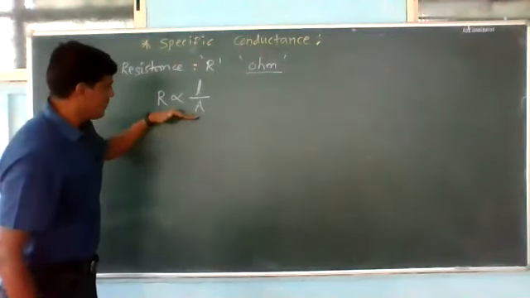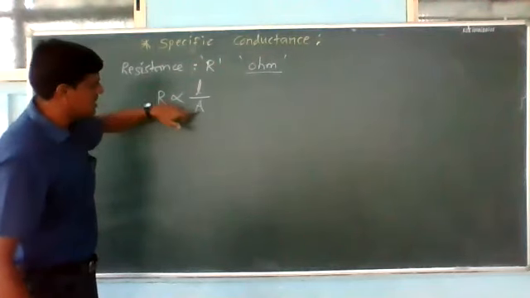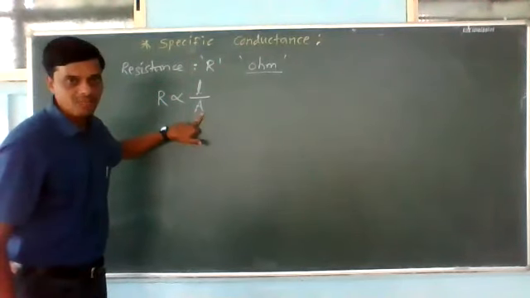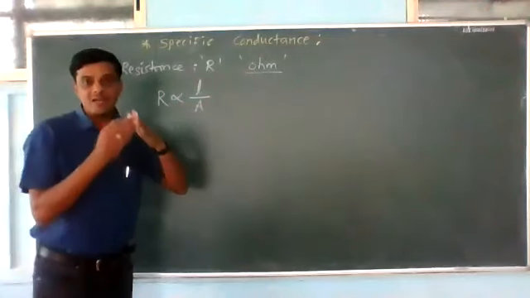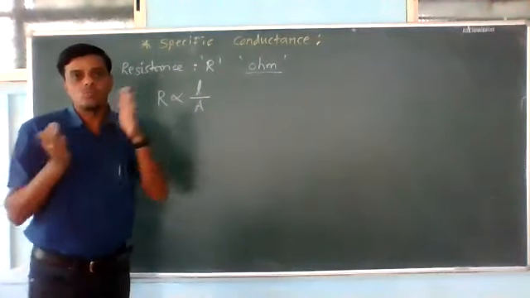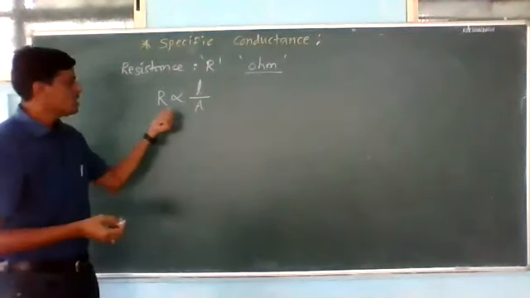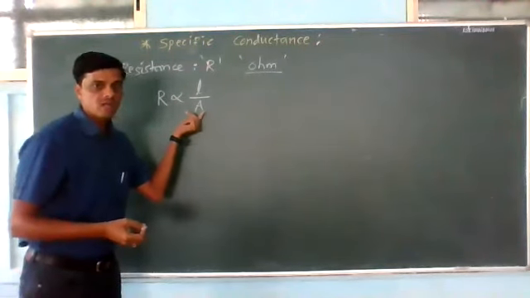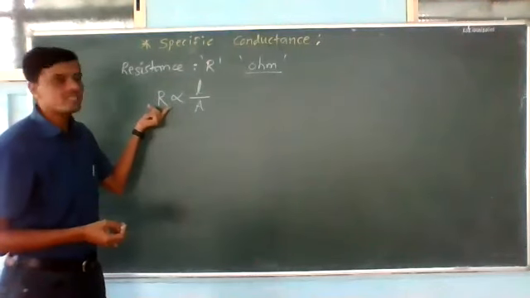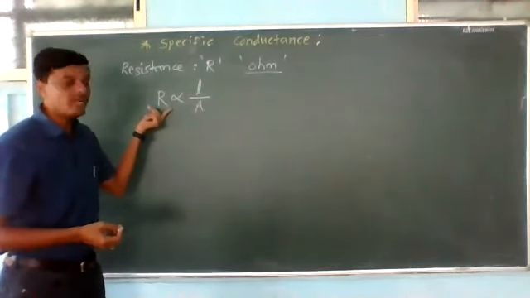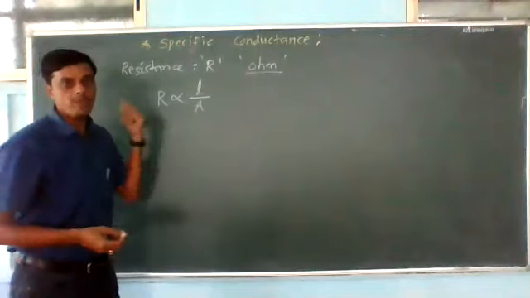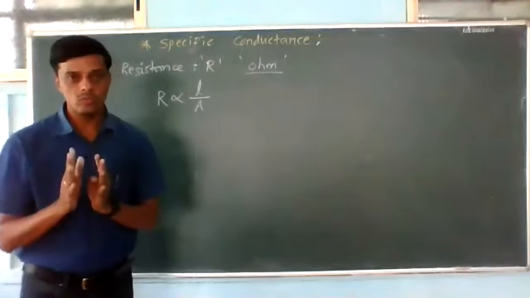Now, again, resistance is inversely proportional to A. That means greater the area of cross section, smaller will be the resistance. Or vice versa, smaller the area of cross section, greater will be its resistance.